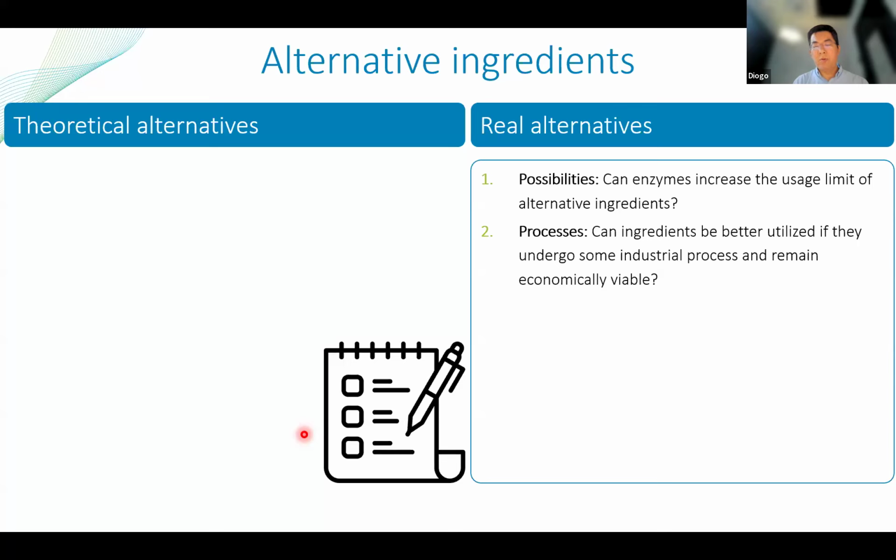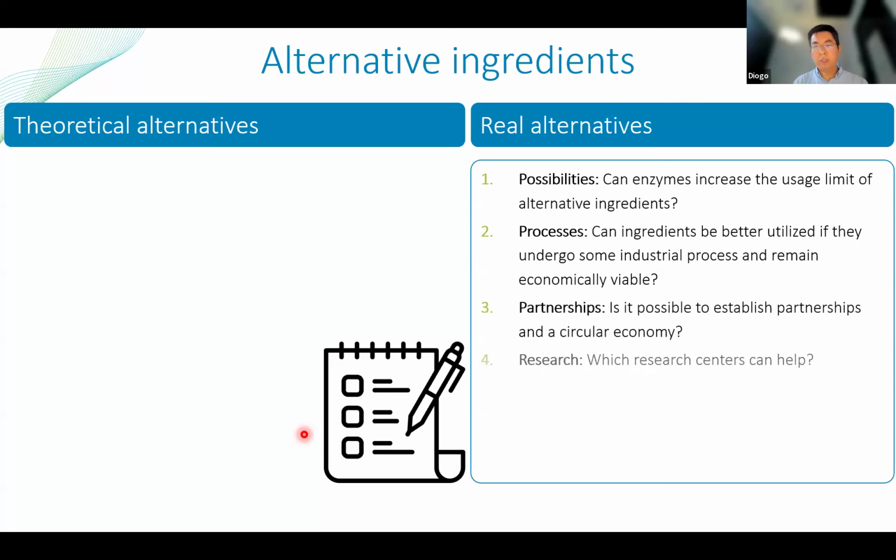We need to remember that, for example, for soybean meal, we are looking for an alternative ingredient for a feed stuff that is already being processed. Partnerships: is it possible to establish partnerships to find new alternative ingredients? How can the research centers help us?